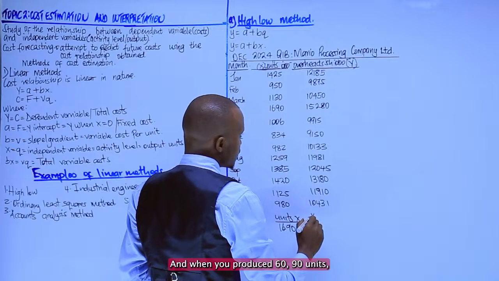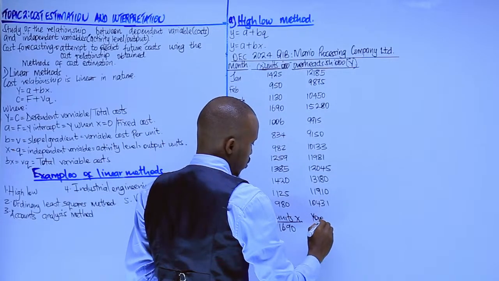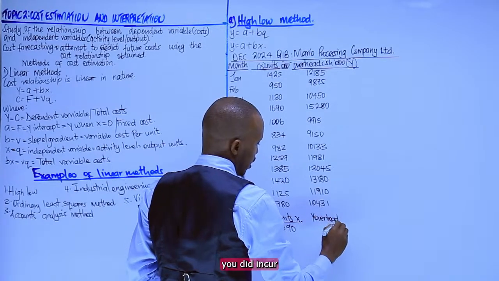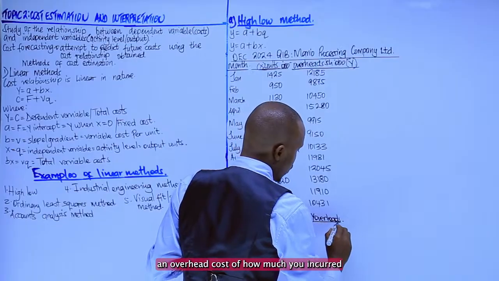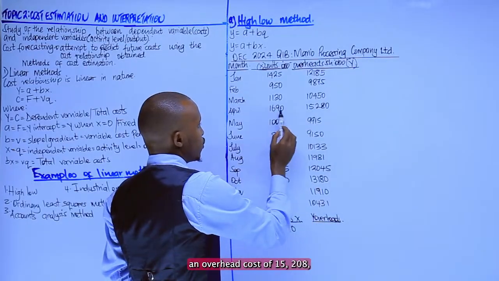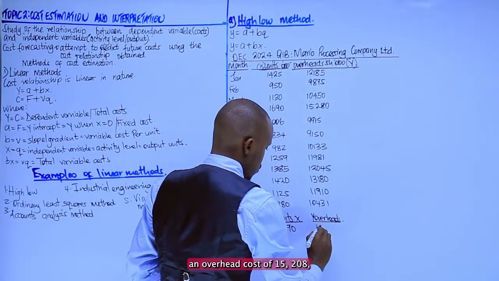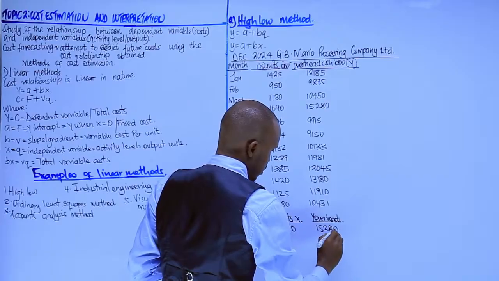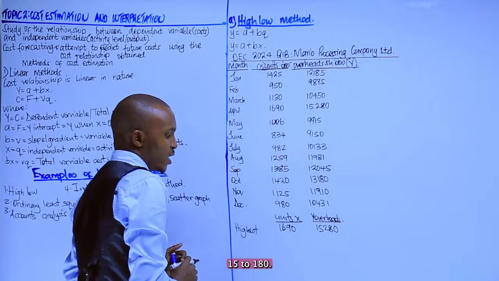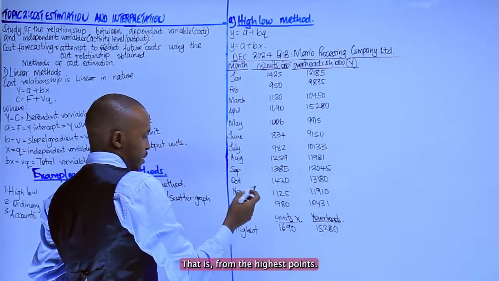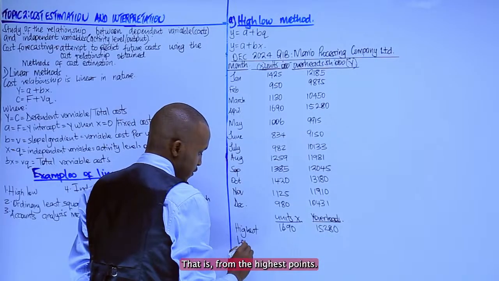And when you produce 1690 units, you did incur an overhead cost of how much? You incurred an overhead cost of 15,280. That is from the highest points.